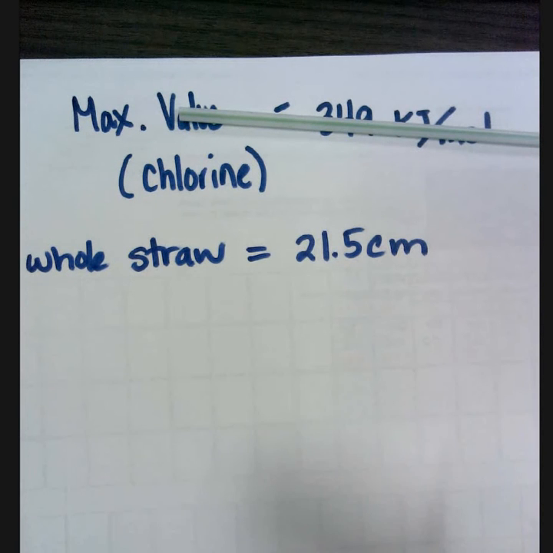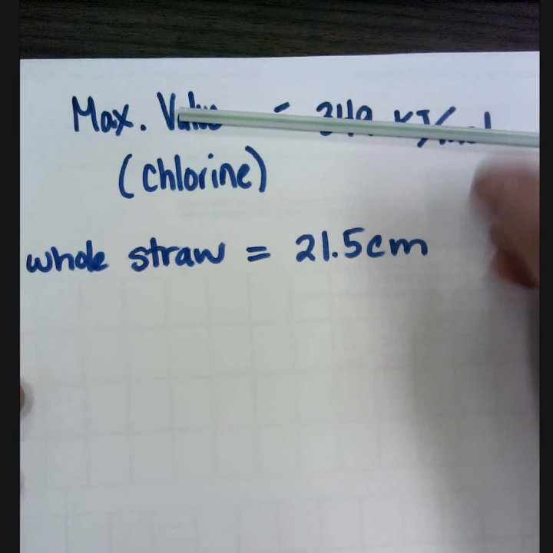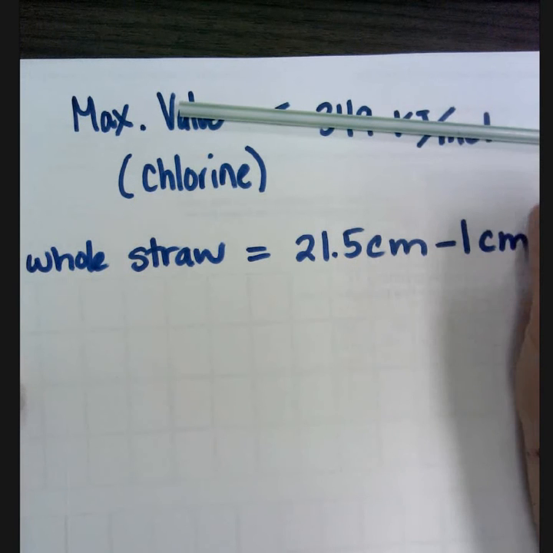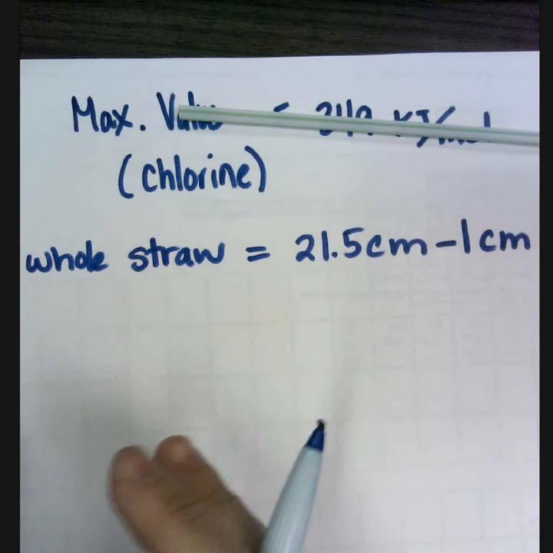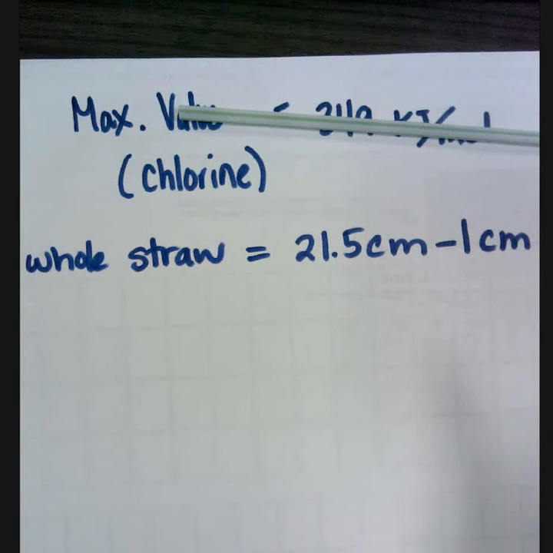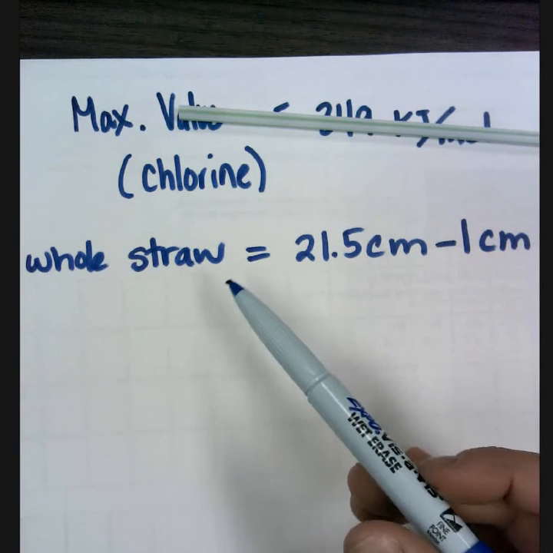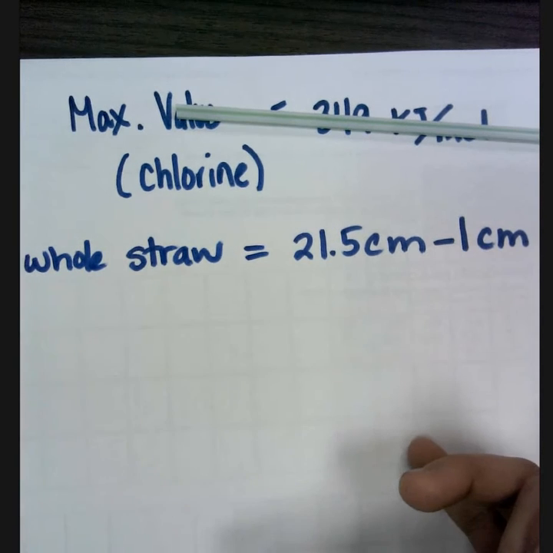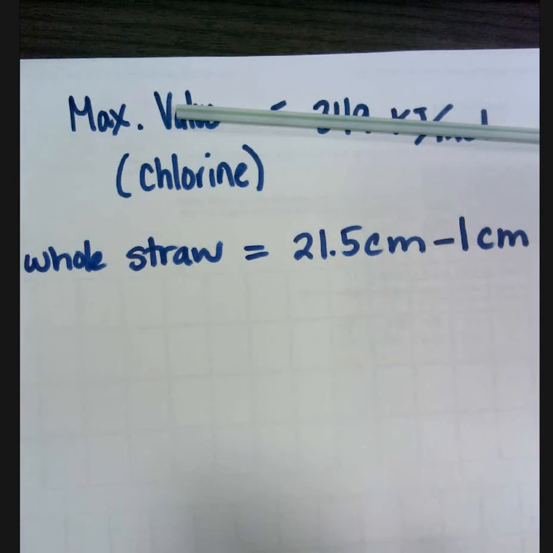To scale it down to what we need, our straw length, we're going to subtract 1 centimeter. This will help us once we get all those values. Once we're trying to calculate our straw length for the other elements, it's going to help us to have consistency with our straw lengths.